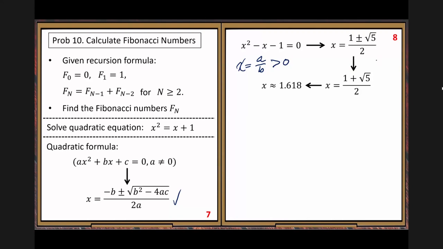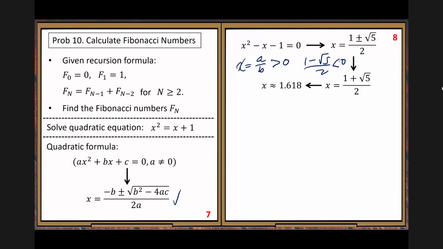But 1 minus root 5 over 2 is less than 0, right? 1 minus root 5 is negative. That means x cannot take a negative number. So if we interpret x as the ratio of two line segments, we should drop its negative value. So we don't take 1 minus root 5 over 2.